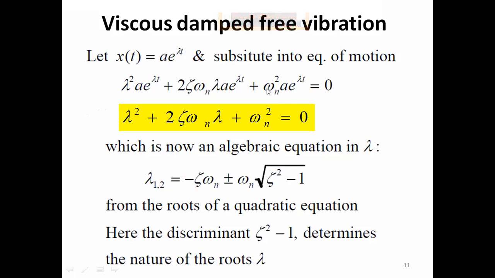So here with the omega n square, we have x, so a exponential lambda t. Here with 2 zeta omega n, we have x dot, so we have to differentiate this once with respect to time.